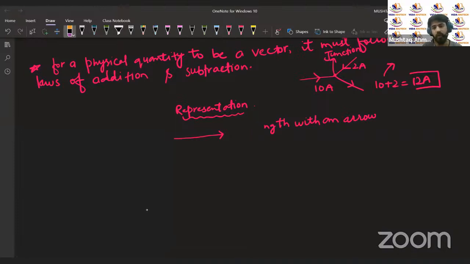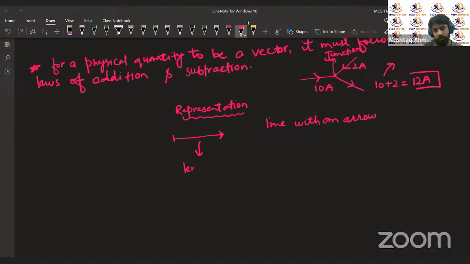So what does the length of this segment represent?